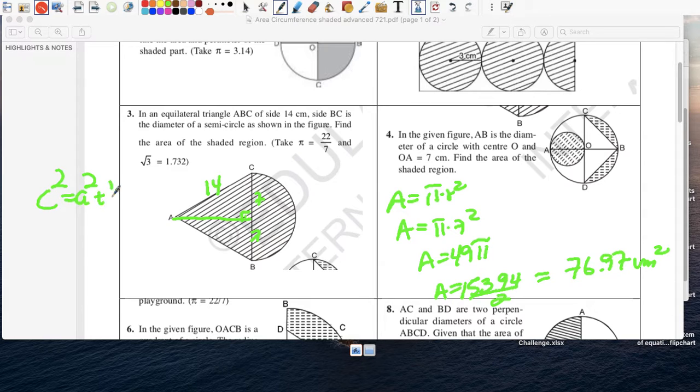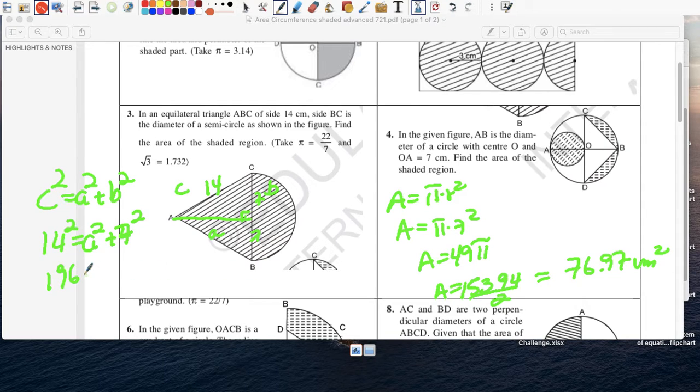So c squared equals a squared plus b squared. In a right angle triangle, c is always the hypotenuse, and the other two we can call a and b. Doesn't really matter. So here we get 14 squared. A squared is what I want to know, and b squared, which is 7 squared. So 196, I believe that's 196, right? 14 times 14.